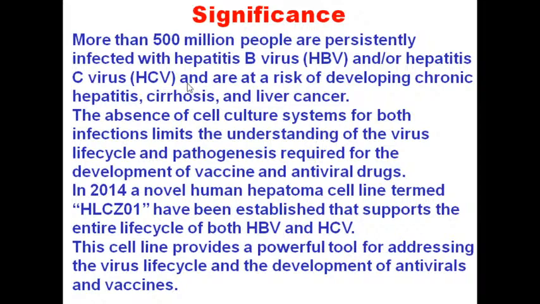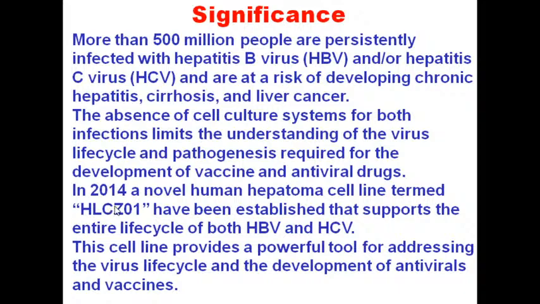The absence of a cell culture system and the lack of a very good animal model really limits our understanding of the virus life cycle and pathogenesis. And if we don't know this, it's difficult to develop a vaccine or chemotherapeutic antiviral drugs.